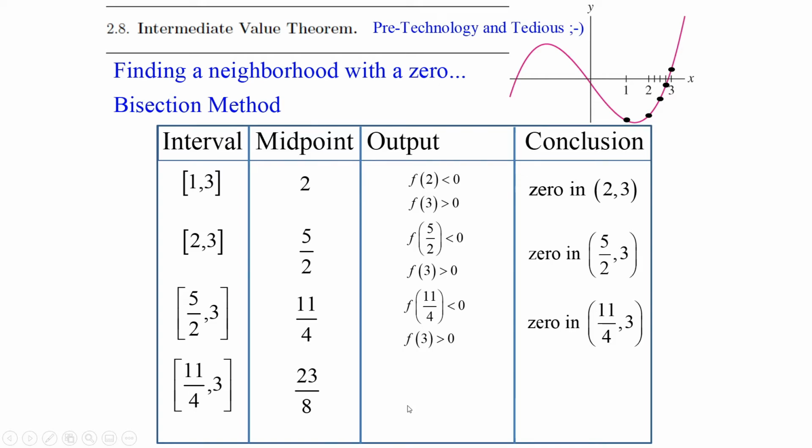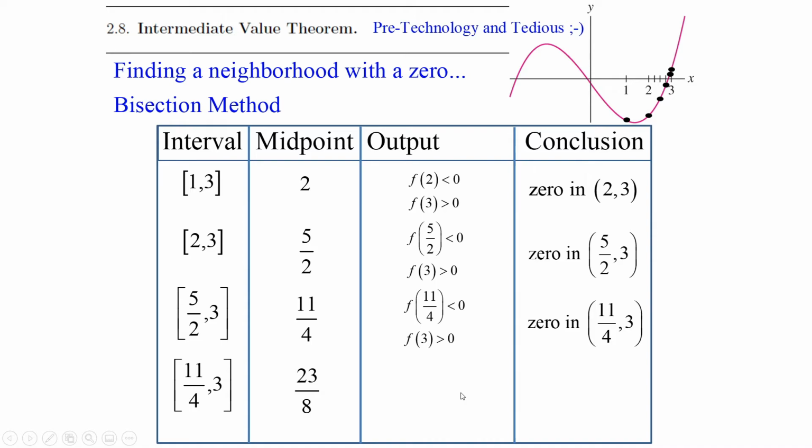And 23 over 8, now that's going to be kind of hard to think about in this little interval right here. So I'm going to make it a mixed number. 8 goes into 23 2 times, so that'd be 2 and 7/8. F of 2 and 7/8 is going to be slightly above the x-axis. So now my outputs, I'm concerned about these two outputs right there.